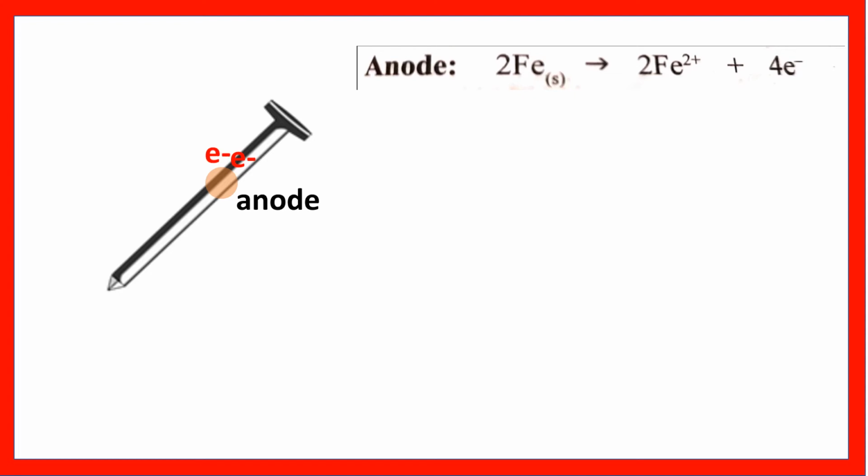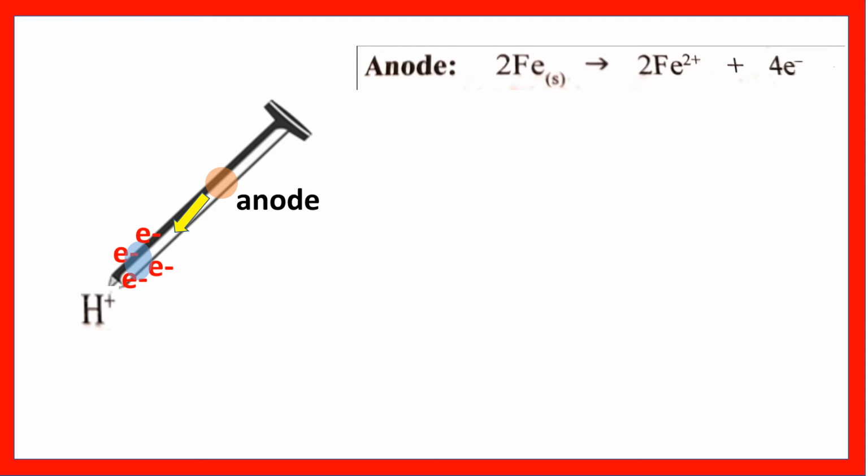The four electrons released at this anode spot move through the metal and go to another spot on the metal item, and reduce oxygen in the presence of H+ ions.